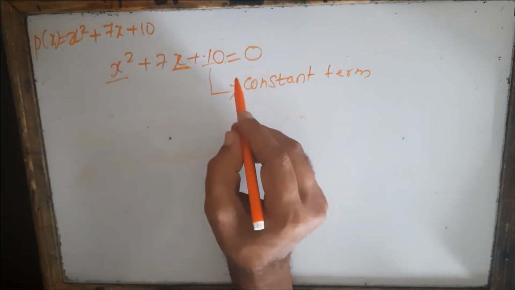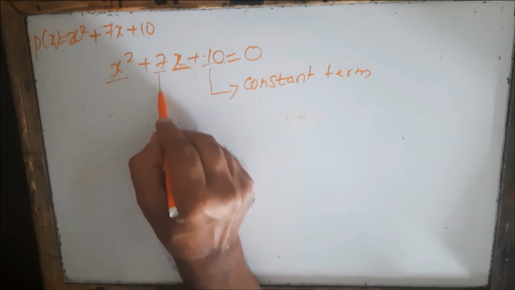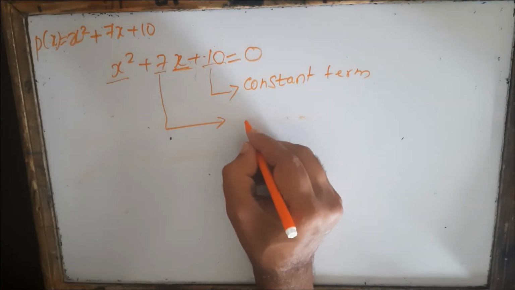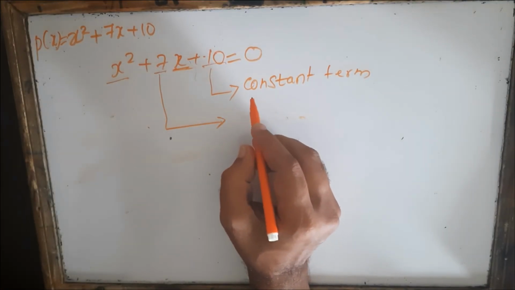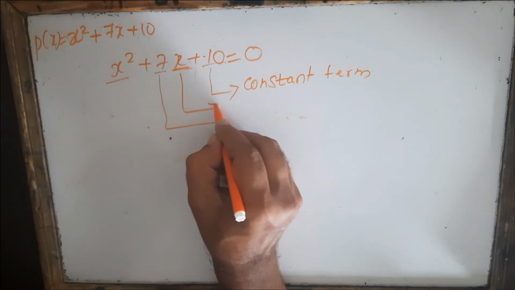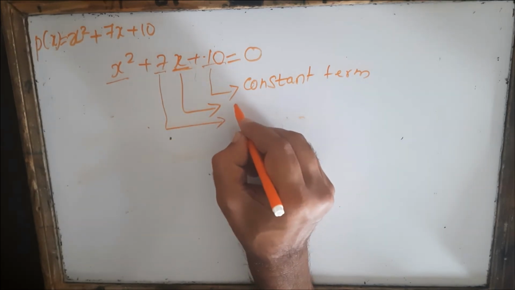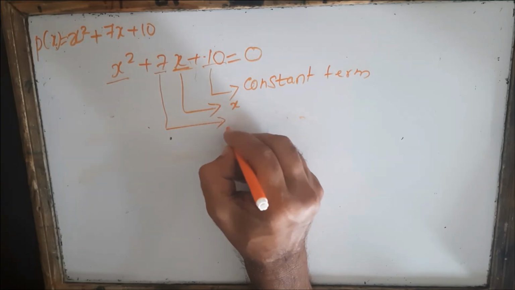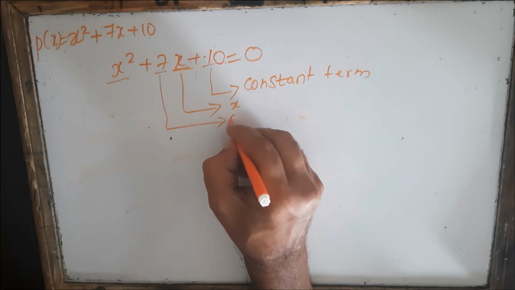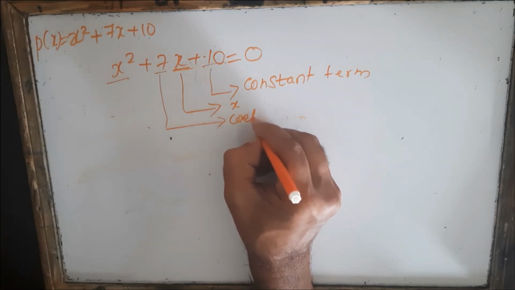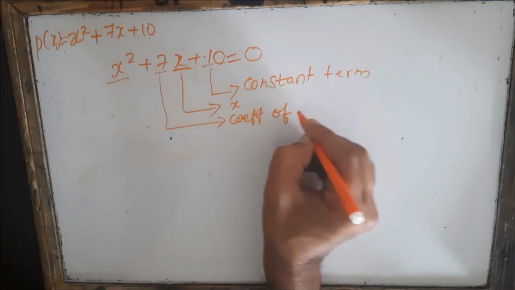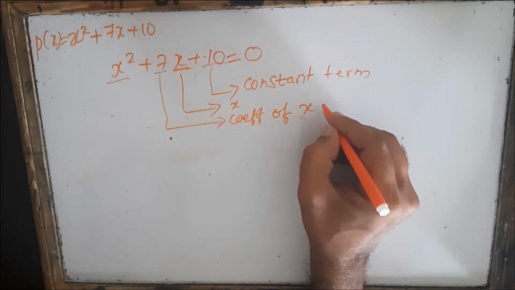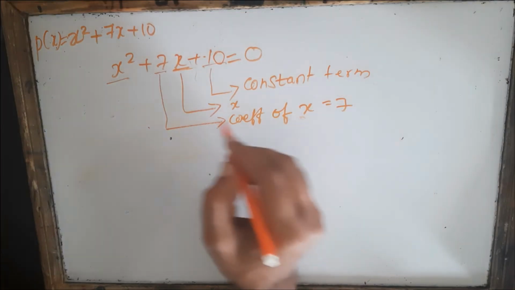This is x, this x is a variable, and this 7 we call the coefficient of x, which is equal to 7.